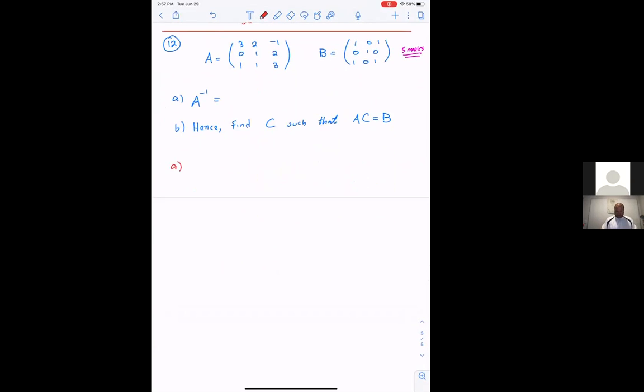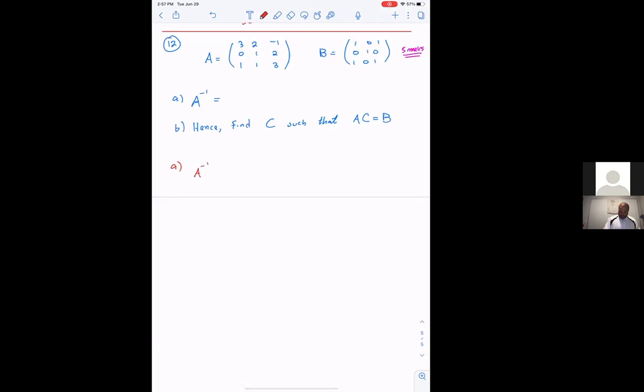So first, let's find A inverse. On my calculator, edit a 3x3 matrix: 3, 2, -1, 0, 1, 2, 1, 1, 3, and then inverse it. I get a lot of decimals, so I'm going to press math, enter, enter.